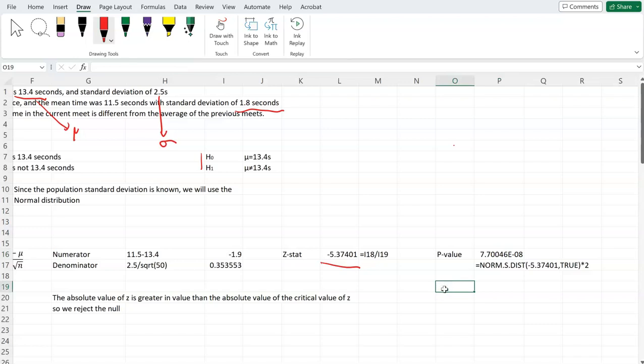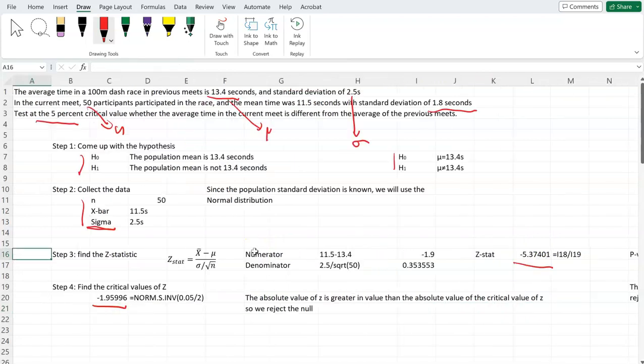Since we are evaluating at 5%, we would say the p-value is less than the alpha, which is 0.05. So we reject the null. Here we're comparing this p-value with alpha, which was given here.